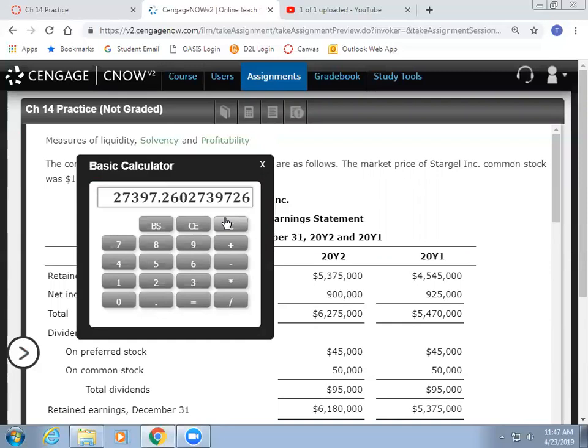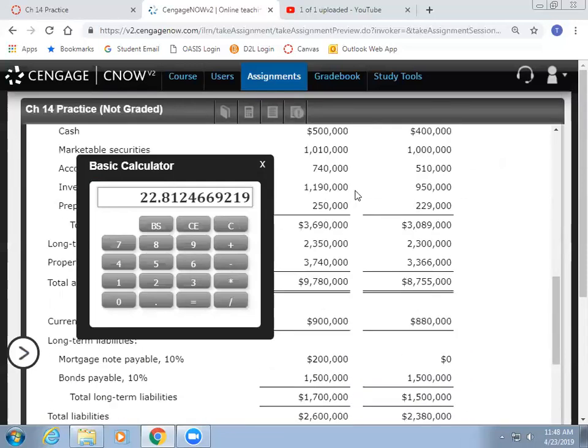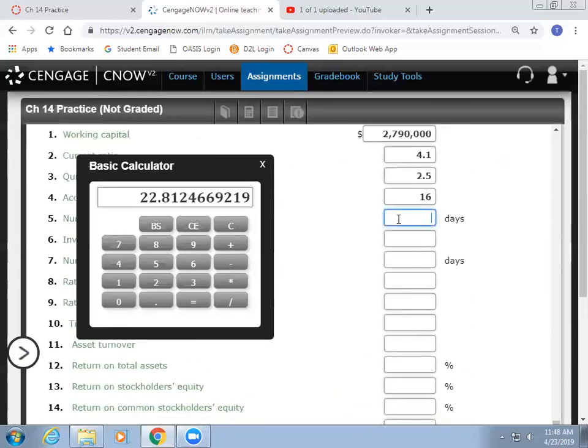Okay. And so I'm going to take my average accounts receivable, which I previously calculated at 625,000, divided by my average daily sales of 27,397.3. And we should get 22.8.